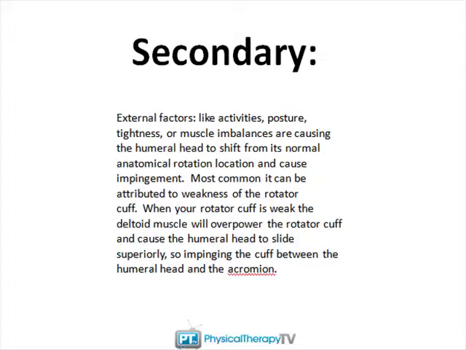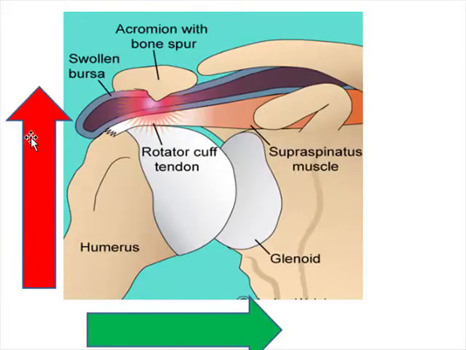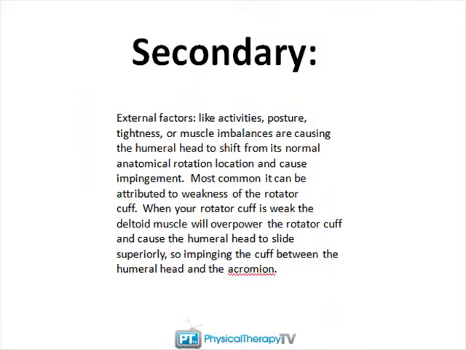When your rotator cuff is weak, the deltoid muscle will overpower your rotator cuff muscle, and it will cause the humeral head to slide superiorly, in an upward direction, thus jamming down on the bursa and rotator cuff tendon itself, and so impinging the cuff between the humeral head and the acromion.